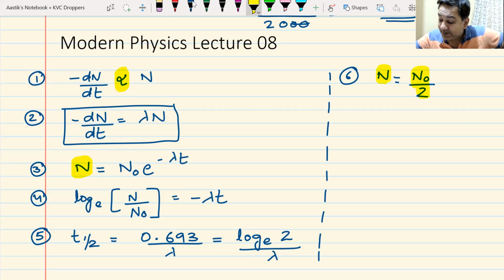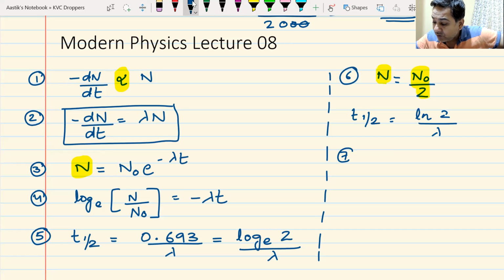Do we understand this? Yes, sir. From there I get half-life T half or T H as natural log of 2 divided by lambda. Do not forget this ever in your life.